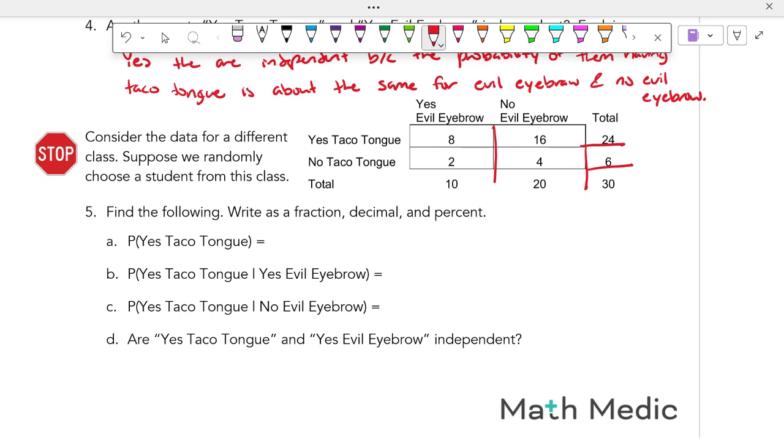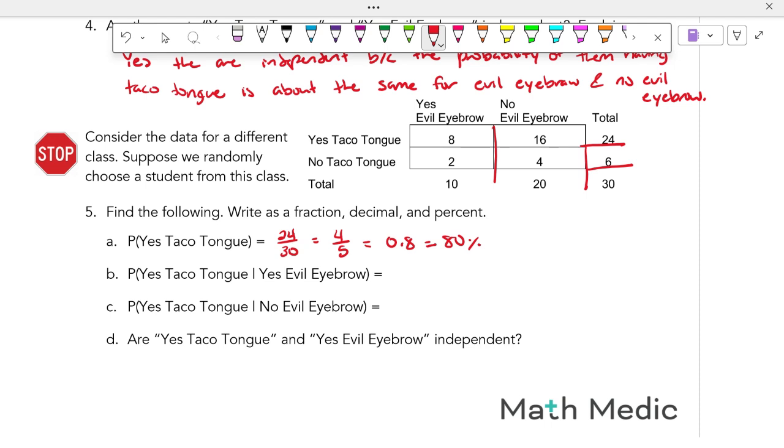Just the straight up probability that they will have a taco tongue: 24 out of 30. Simplified, the fraction is 4/5, so the decimal should be 0.8, which is 80%.